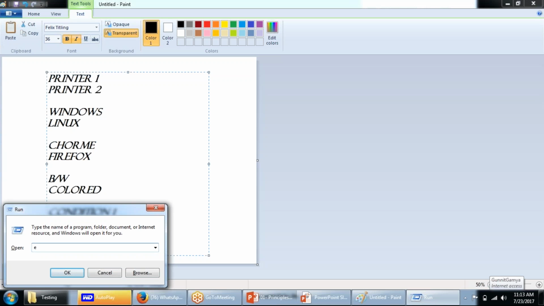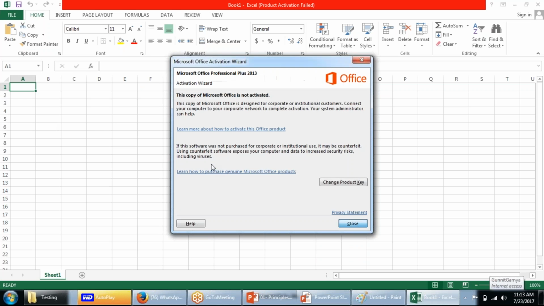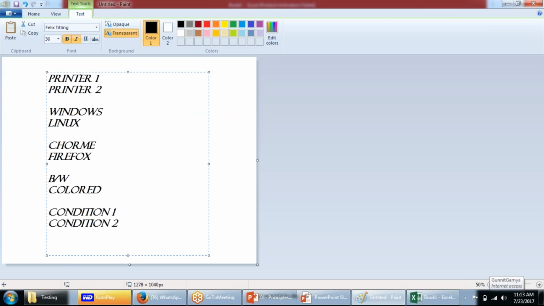For example, printer 1, printer 2, then you need to test on Windows, then on Linux, on Chrome, Firefox, and what else we have taken?